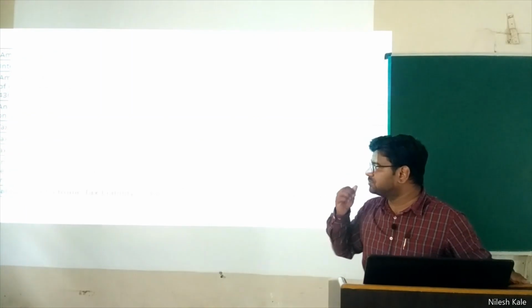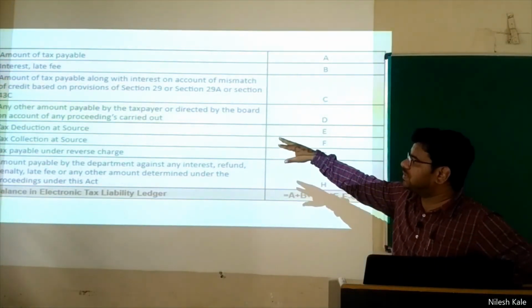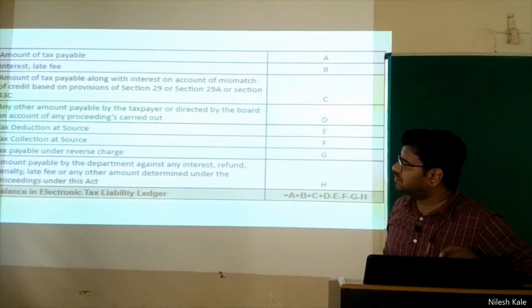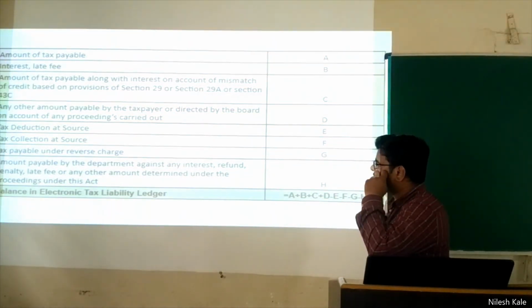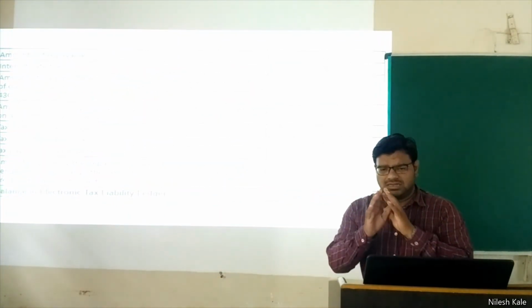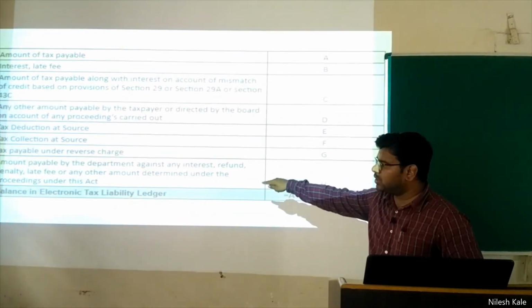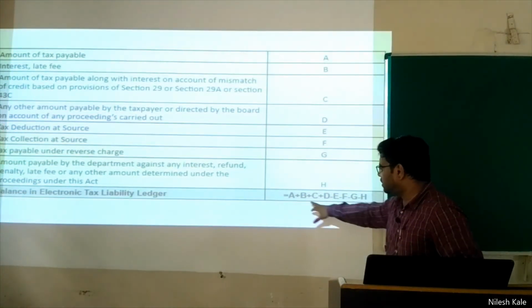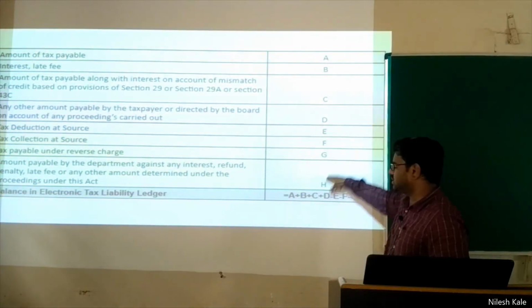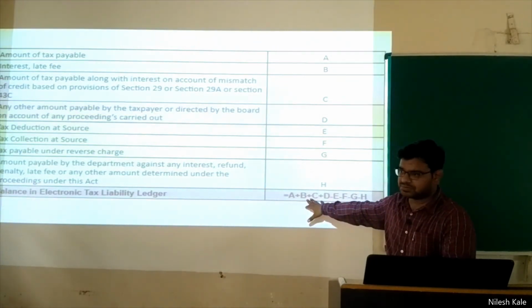And this is the chart: amount of tax payable, interest and late fee, amount of tax payable along with the interest on account of mismatch of credit based on provisions of section 29 or section 29A or section 43C. See, you can pause this video, copy this down, and then understand that it is the total of all these things. Okay, balance in electronic liability ledger will be this, right?